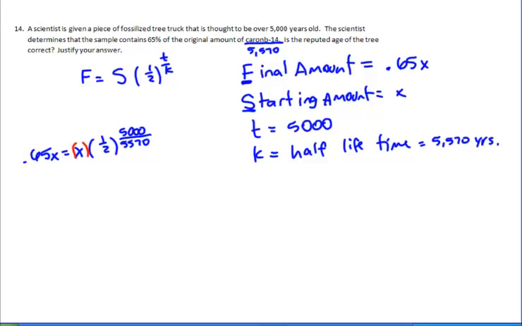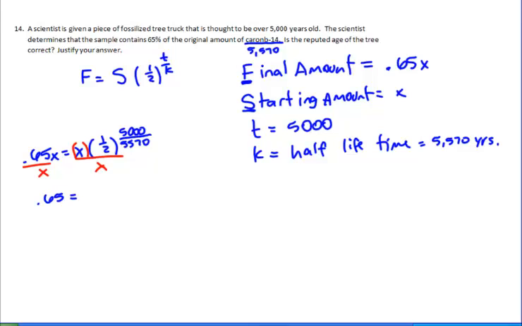So the first thing that we need to do is divide both sides by x and get rid of the variable. We can't add or subtract here because our x is multiplying, and in order to move it away so that we can start doing other things, we have to divide. Look what happens when you divide by x on both sides. The x's completely go away. So now we're just left with an equality statement.